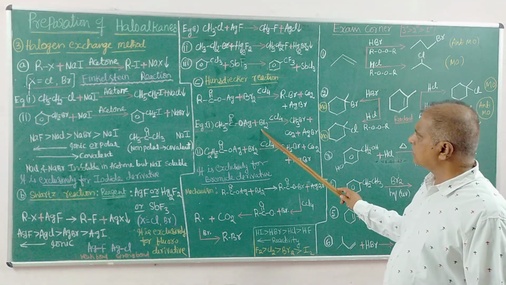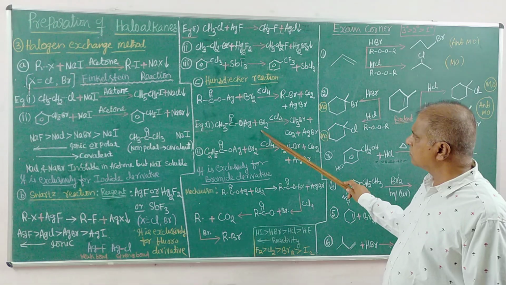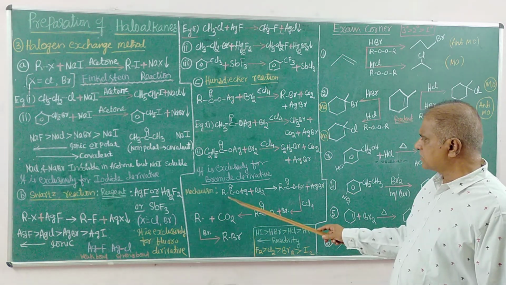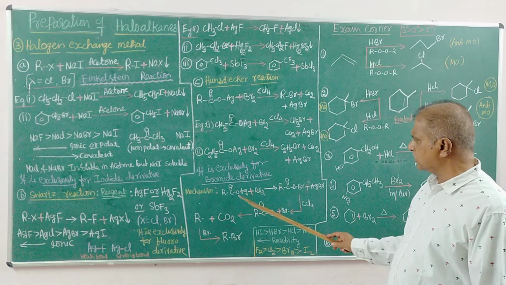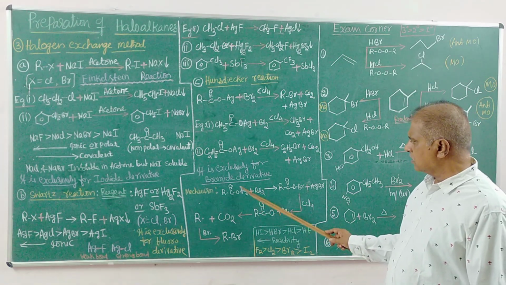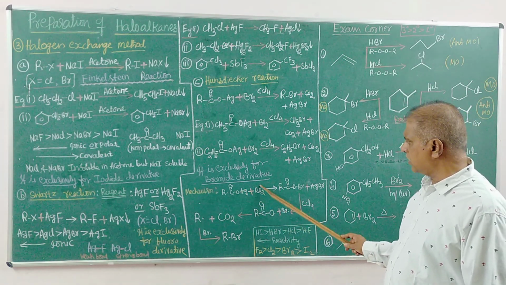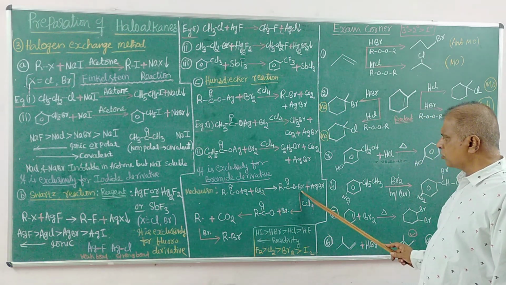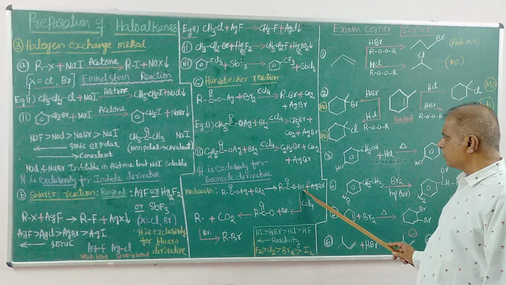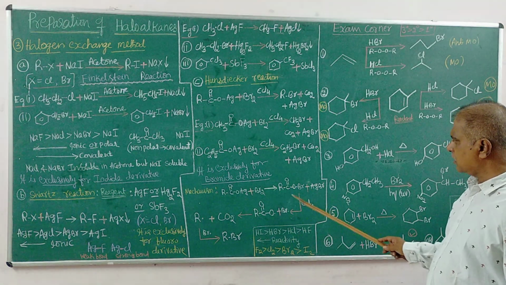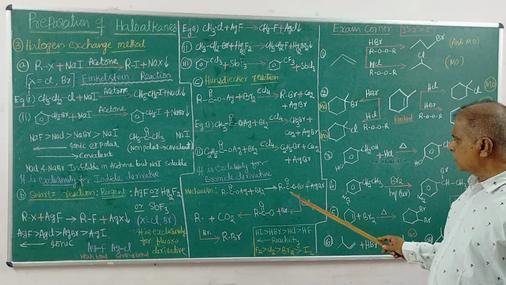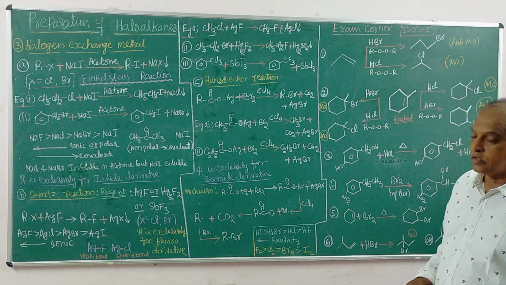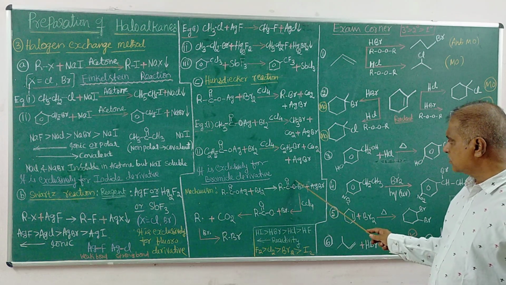In this Hunsdiecker reaction, what is the reaction mechanism involved? The first step is the action of bromine on this, breaking the chemical bond and forming AgBr and the acyl hypobromite. Still the carboxylate group is there. This undergoes a free radical mechanism in the presence of CCl4, by symmetric breaking.